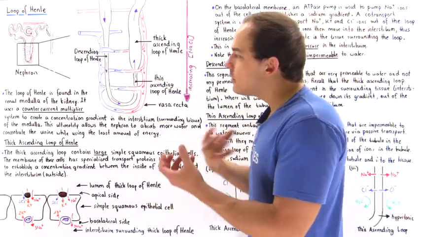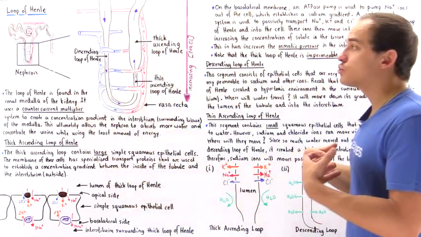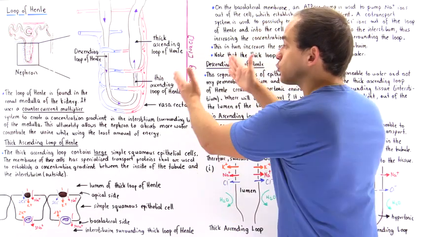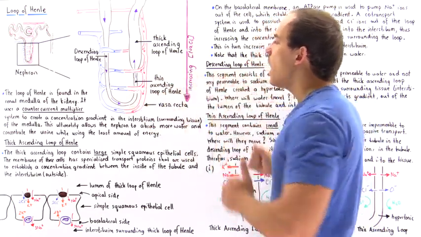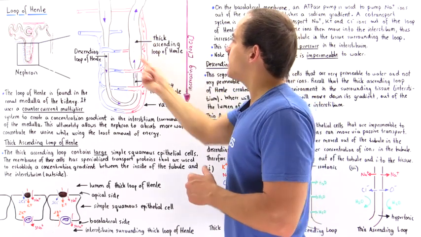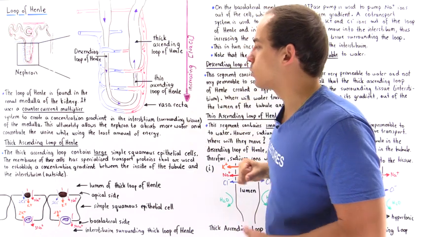Now, to fully understand what the system is and how the loop of Henle actually creates this concentration gradient between the surrounding tissue and the lumen of our loop of Henle, let's begin with our thick ascending loop of Henle. So we're essentially going to work backwards.